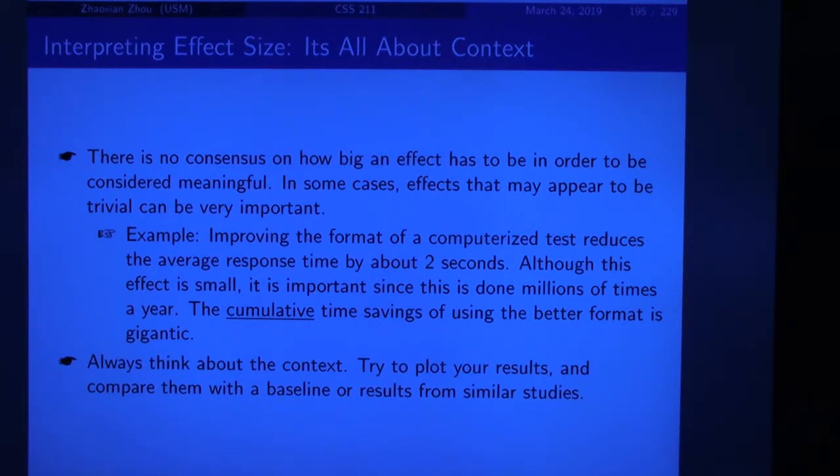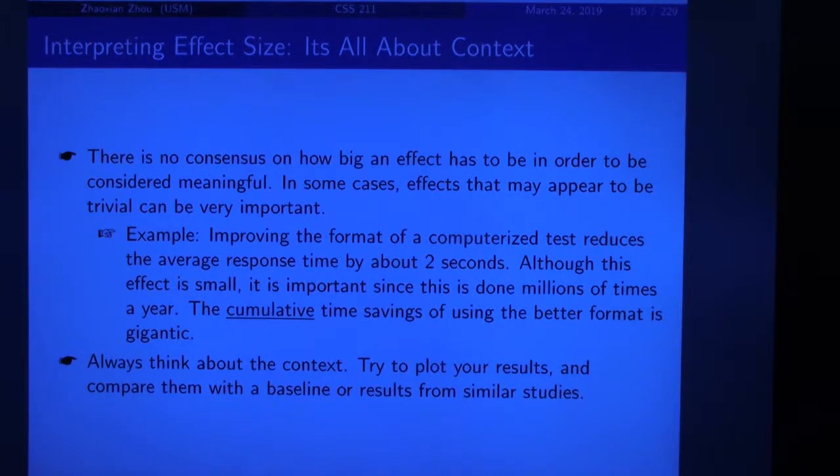For example, improving the format of a computerized test reduces the average response time by only 2 seconds. Right? By only 2 seconds. Although this effect is very small, it is important since this is done millions of times a year. So the cumulative time savings of using the better format is gigantic. It's very large.